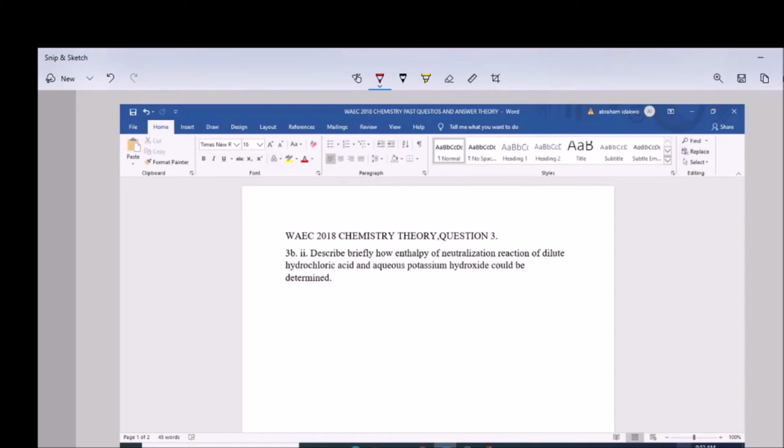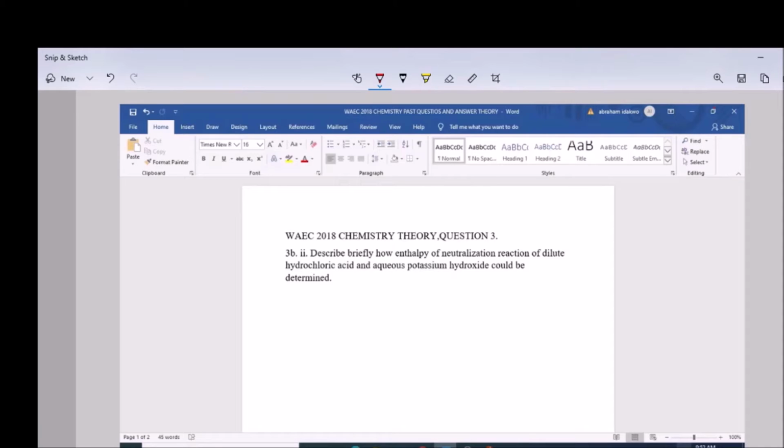Now I define calorimeter as an apparatus for measuring the heat generated or absorbed by a chemical reaction, change of phase, or some other physical change. Now the balanced chemical equation for the neutralization reaction is this.